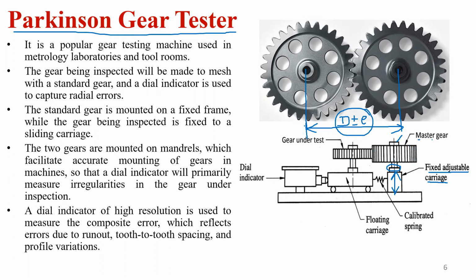The master gear is a gear having high accuracy. And this is another mandrel, on which the gear to be tested is placed, mounted on the floating carriage. This floating carriage can be moved towards the master gear or away from the master gear on the rollers.